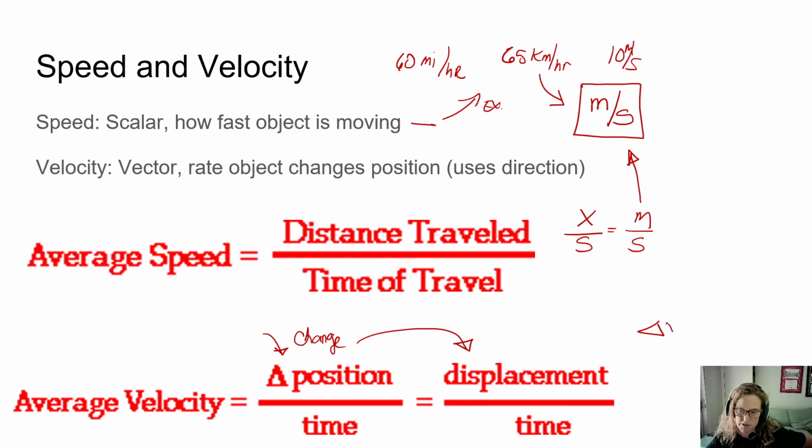So how much did your x change divided by how long it took you to do that, which is time. So this is in seconds, this is a unit of time, and this will be in meters. So it'll still be in meters per second, but it's going to give us some kind of direction too. And usually that'll give us a positive or a negative sign to tell us which direction. We'll get to that a little bit more as we go on.